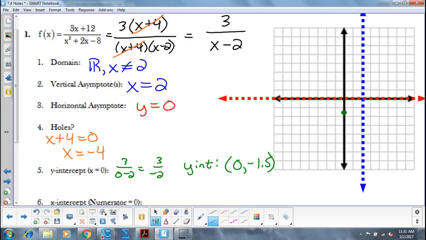X-intercept, I set the numerator equal to 0. Can I have an x-intercept? Can 3 ever be 0? Nope, so there's none there.